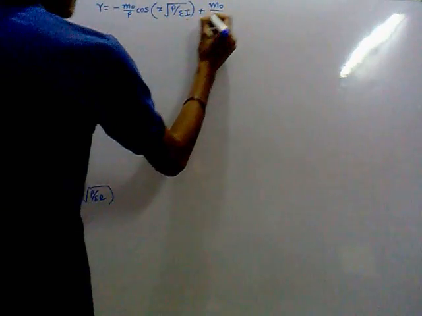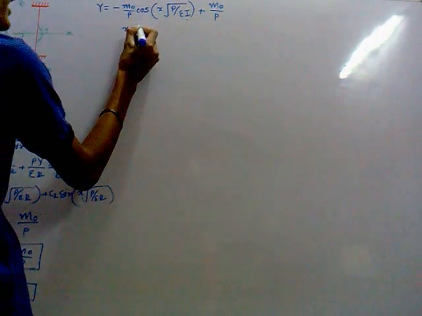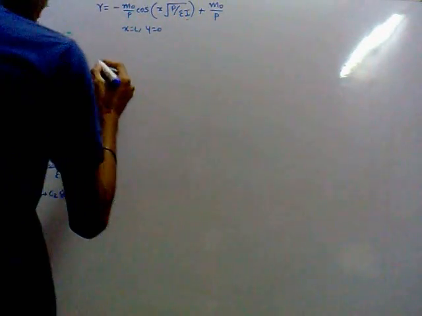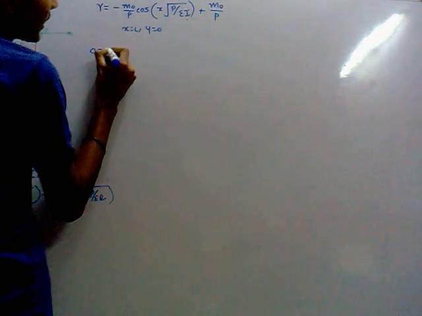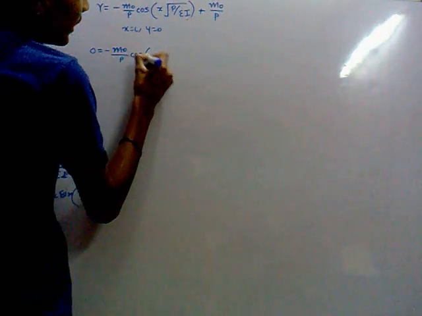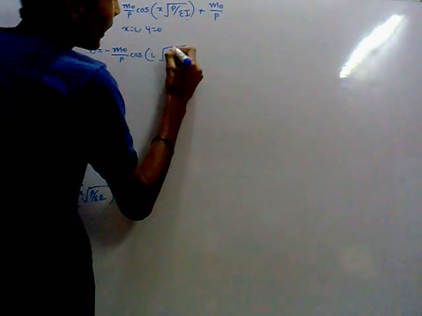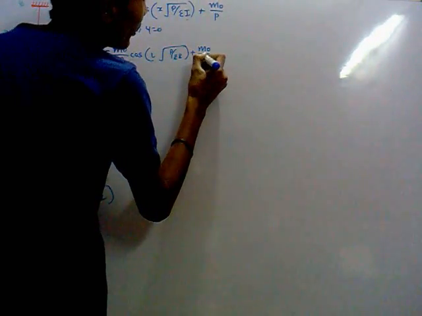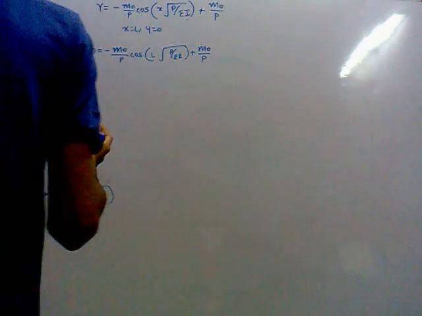Now I put the value x equals L and y equals 0. So 0 equals minus M0 by P into cos of L under root of P by EI plus M0 by P. Now I get this equation.